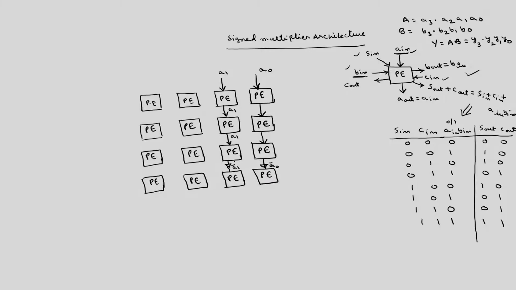Then this is A2, and the output is also A2 because I am defining this processing element such that output of A is equal to input of A. A2, but here we have to give A2 bar. Similarly, here A3 bar.